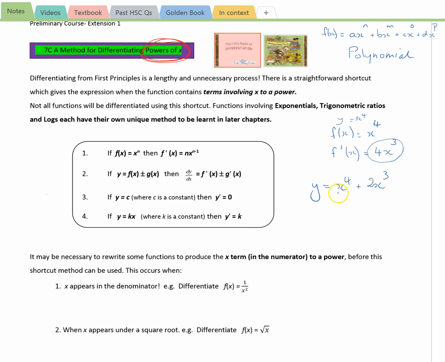We really don't have to say that they're two separate functions, because they could be put together and belong to just one function.